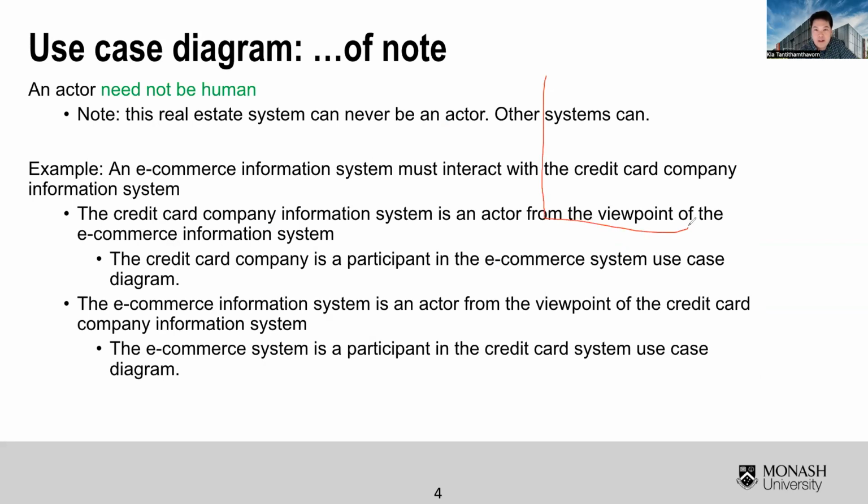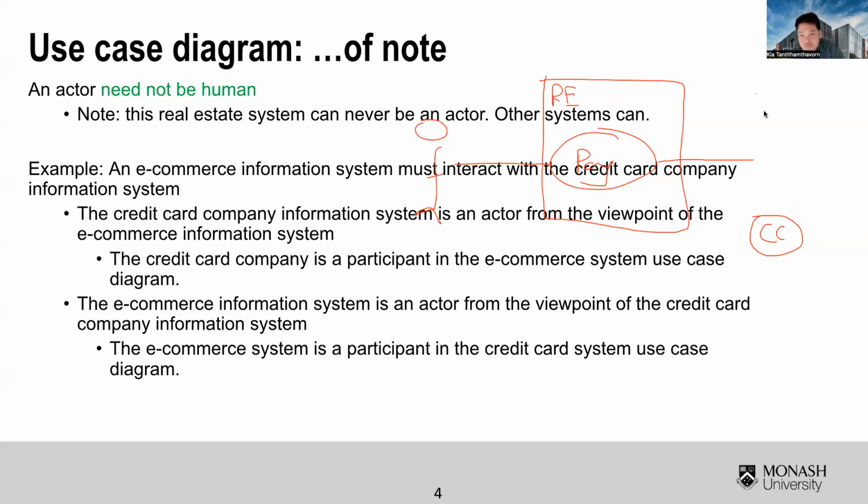We have the real estate system here, and the feature pay, and this little cute guy interacts with this use case, and because the pay needs to interact with the credit card actor, the question is whether the credit card company here should be drawn as another system or the human.